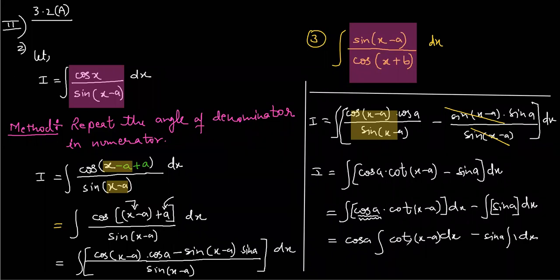Now you all know the integration of cot x is log of sin x. So this becomes cos a into log of sin of x minus a, minus sin a into x, plus c. This is the final answer.